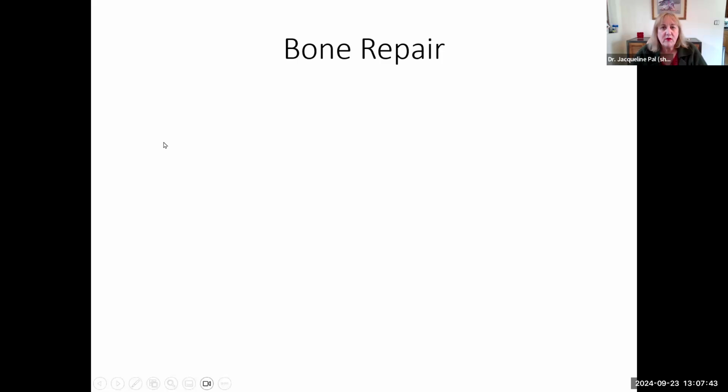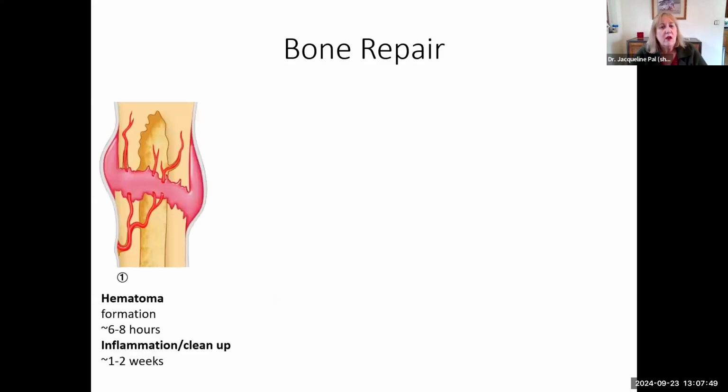So when the bone is broken, we're going to have four main time periods. The first time period is immediately after the fracture. And for that, what you need to realize is that bone was a tissue that had a blood supply. And so in breaking the bone, we tore blood vessels. And so now blood is leaking out of the blood vessels and is going into the space where the bone was broken.